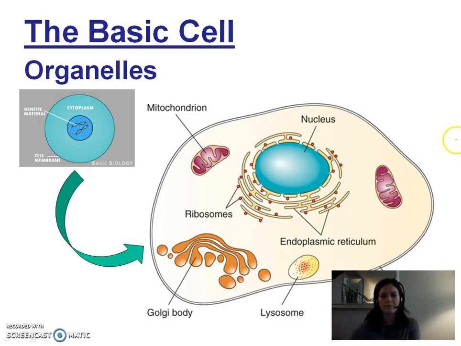So let's jump ahead. In this figure, just another reminder of where the nucleus is located and that it contains the DNA. Remember, that's a really important part of what's going on in our cells. And out here in this area of cytoplasm, which is between the nucleus and the plasma membrane, you have a lot of organelles that are suspended in that fluid, and each of these organelles is a little factory of some sort that's responsible for a major function of the cell.